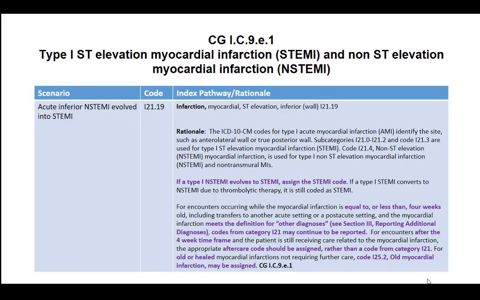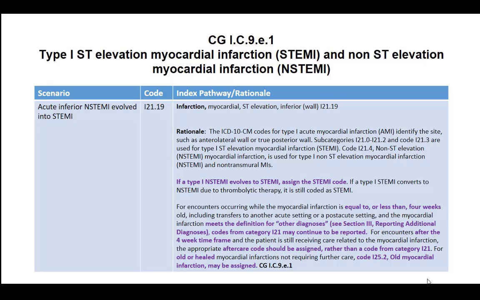This particular guideline addresses type 1 ST elevation MI, or STEMI, and a non-ST elevation MI, called a non-STEMI, NSTEMI. In our scenario, the acute inferior NSTEMI has evolved into a STEMI.